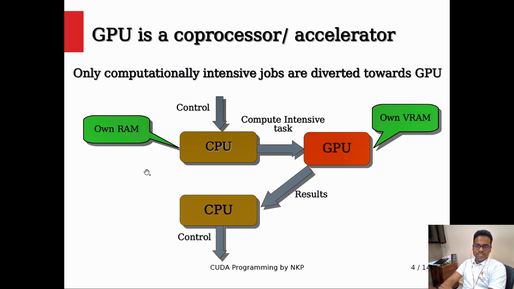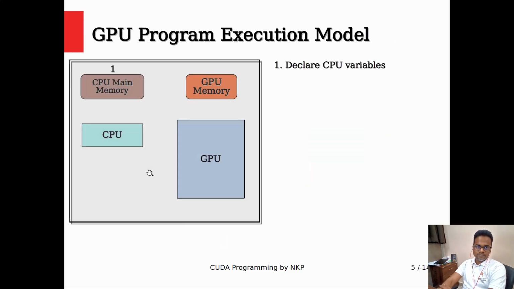Let's now understand in detail how this process gets executed. As I mentioned earlier, the CPU has its own memory and the GPU has its own memory. First, we declare variables on the CPU side. The number indicates the step number, as depicted here as well.